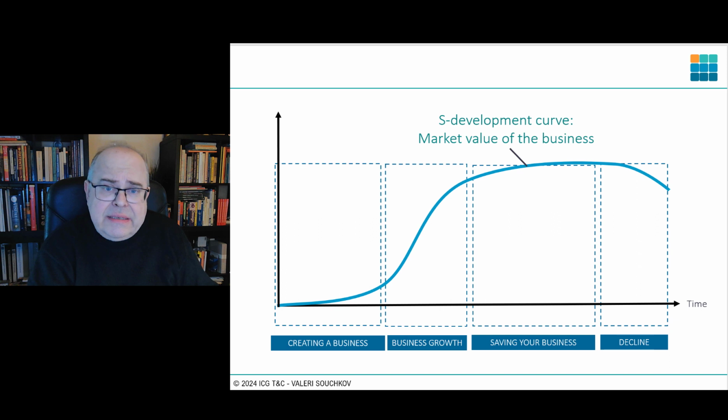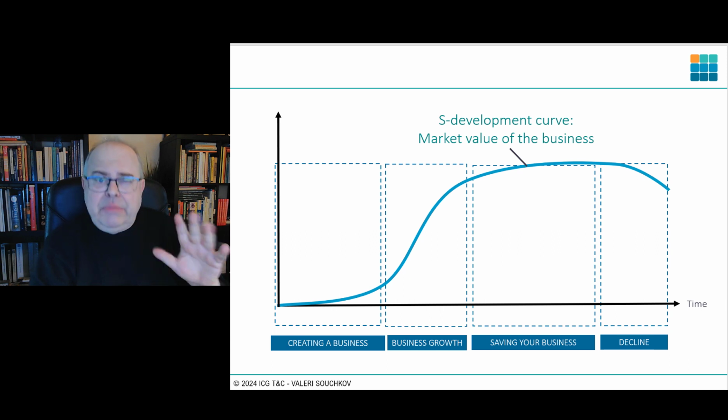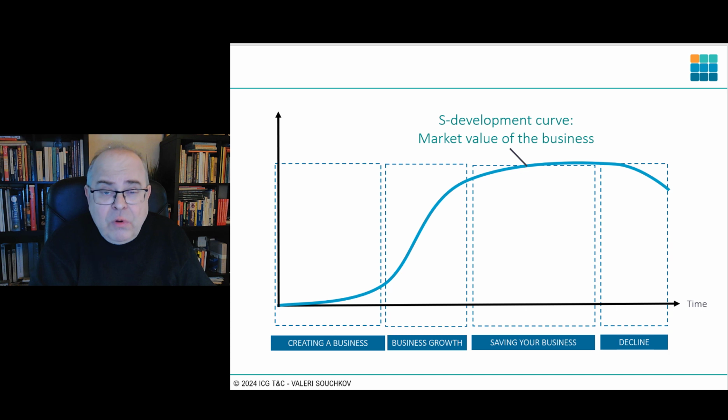While in technical systems, most likely we talk about 3 phases of evolution, and sometimes a fourth stage. In business systems, we are talking about 4 stages of evolution, always.